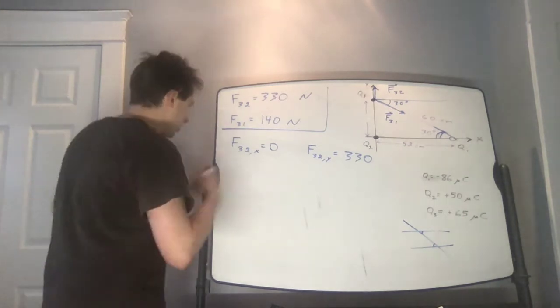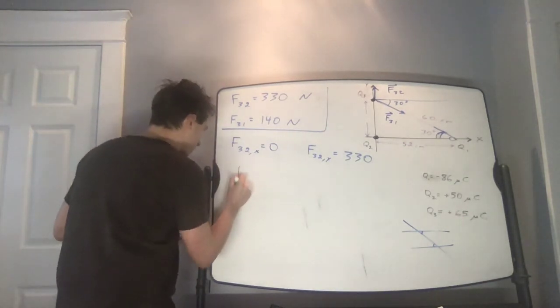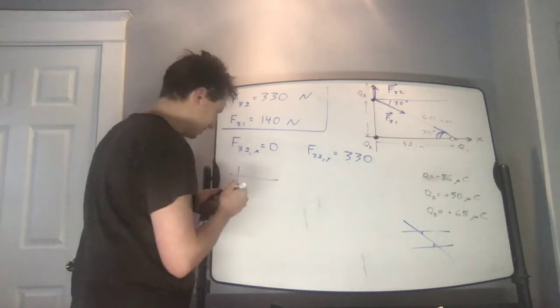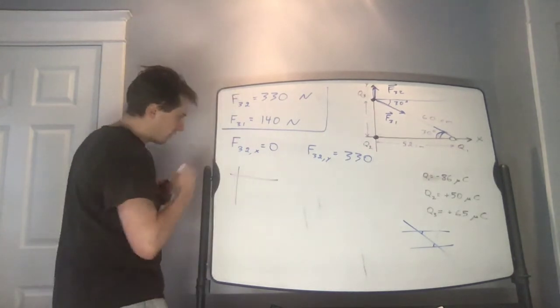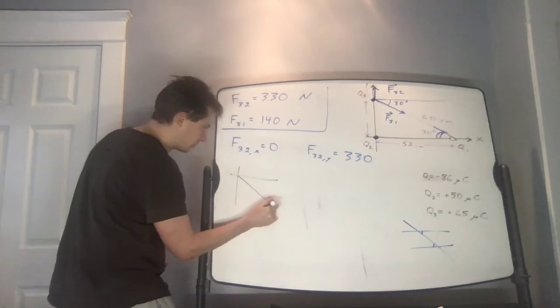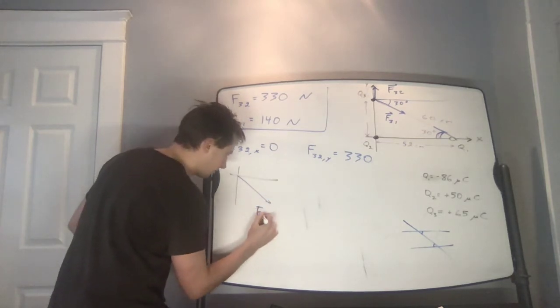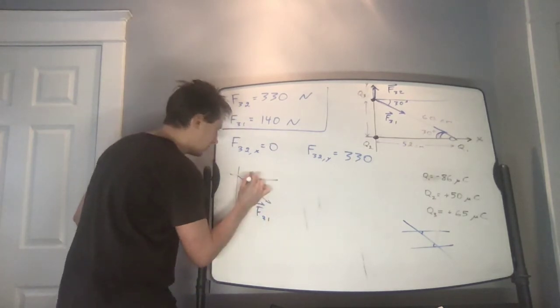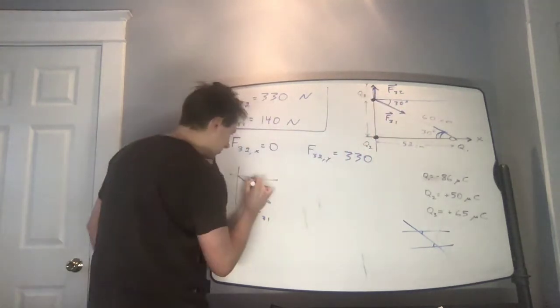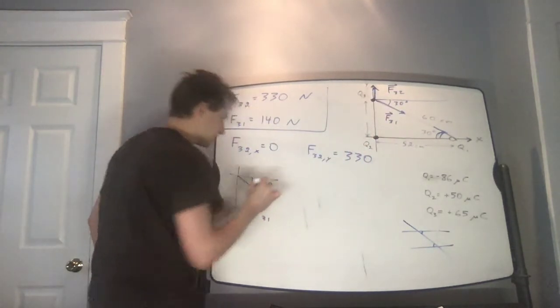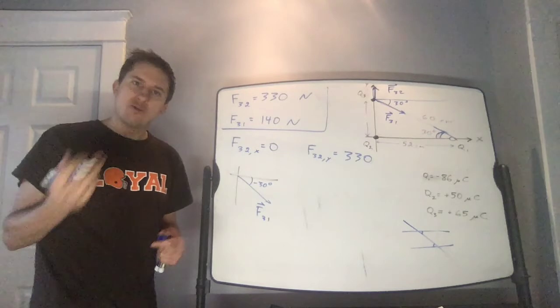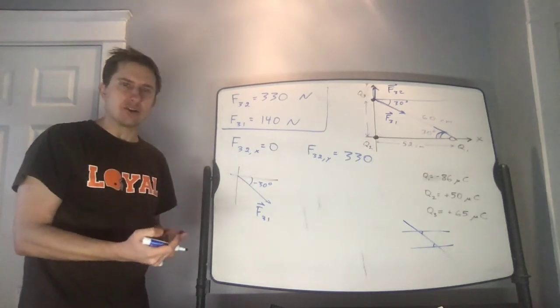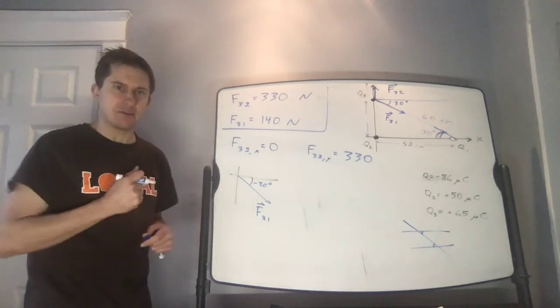We now have enough information to break down the force on 3 from 1 into its components. So I could draw the force on 3 from 1 looking something like this. So here's x and y directions, and then I have the force on 3 from 1, F31. And we know that this angle is going to be negative 30 degrees. Remember, counterclockwise rotations are positive angles, clockwise rotations are negative angles.